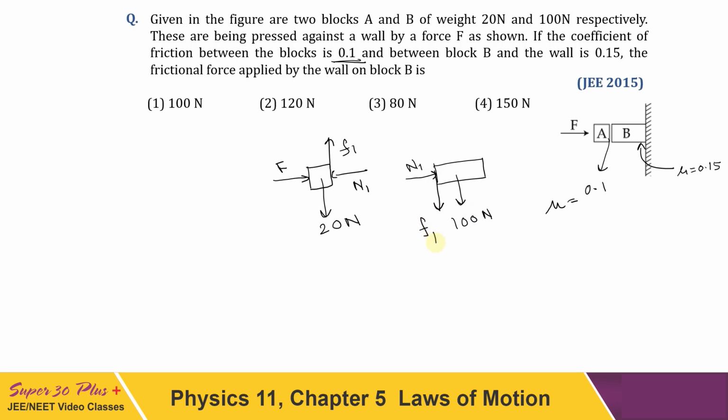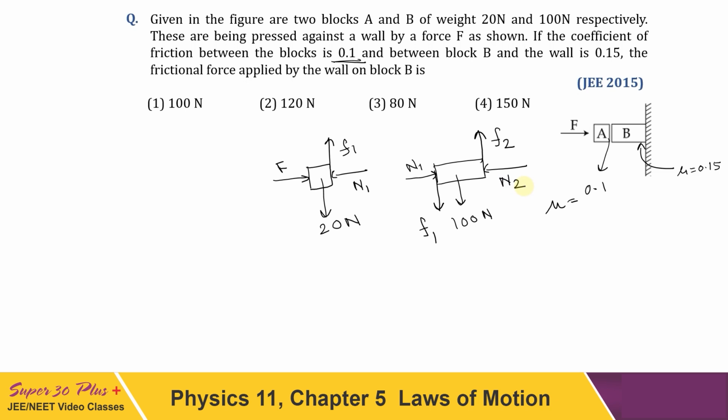Due to these two forces, 100 Newton and F1, it will try to slide down the wall. So the wall will apply a friction in the upward direction, that is F2. One more normal force will be there by the wall, let that be N2. So these are all the forces applied on A and on B.